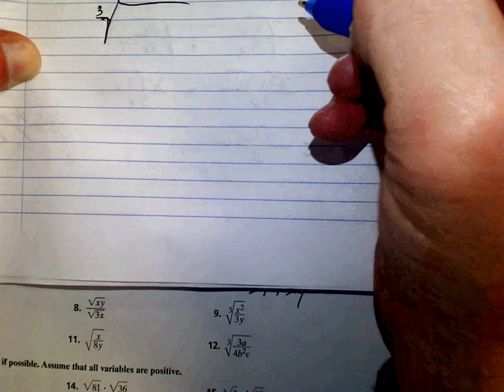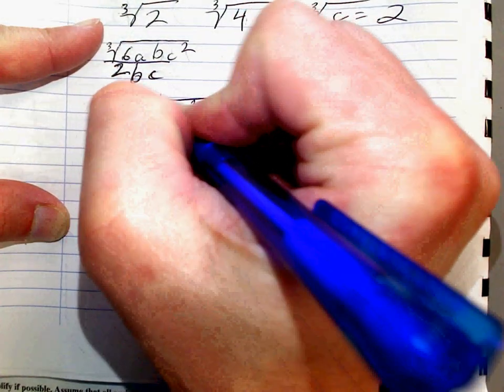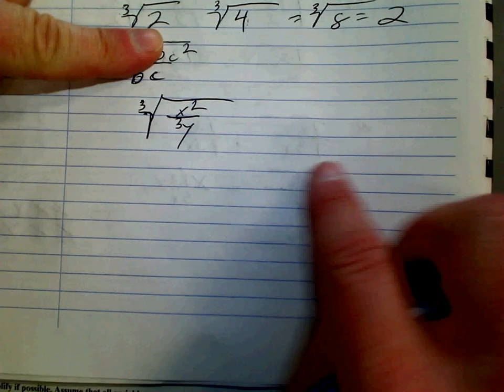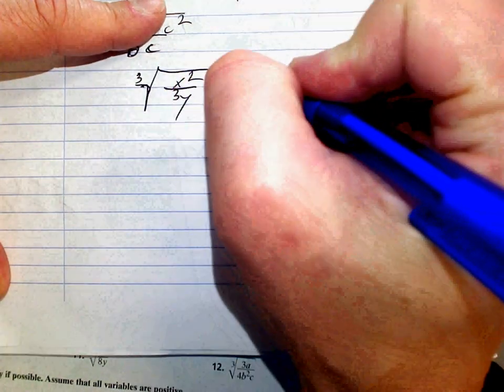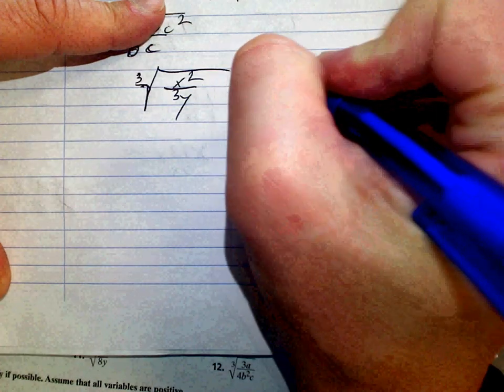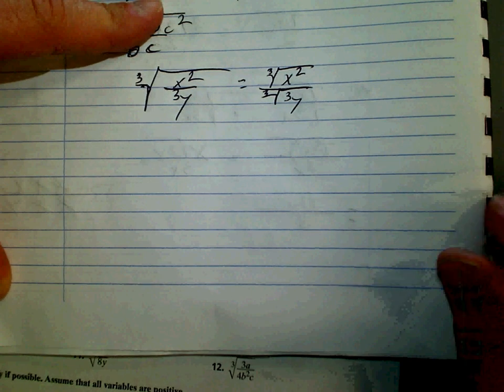Then we have plenty of room. 3 roots. It's x squared over 3y. Like that. See it? I'm going to rewrite it as 3 roots of x squared over 3 roots of 3y. Rewrite yours that way. Play along. It's the only way this will make sense.